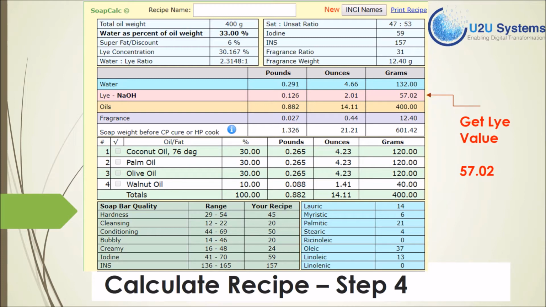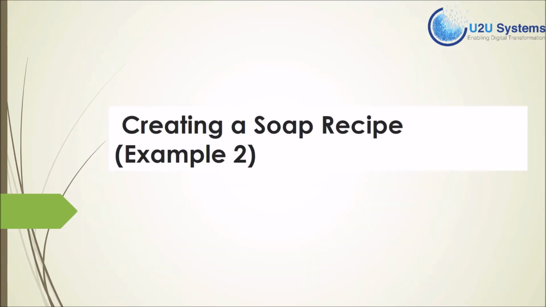Once we calculate the recipe, we also get the lye value, which is automatically calculated at 57.02 grams. We print our recipe and then use this recipe to make our soaps.